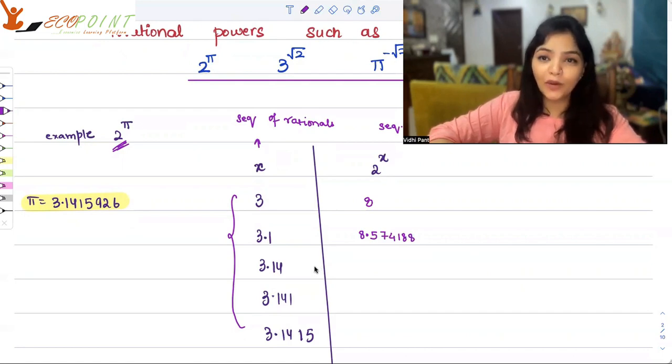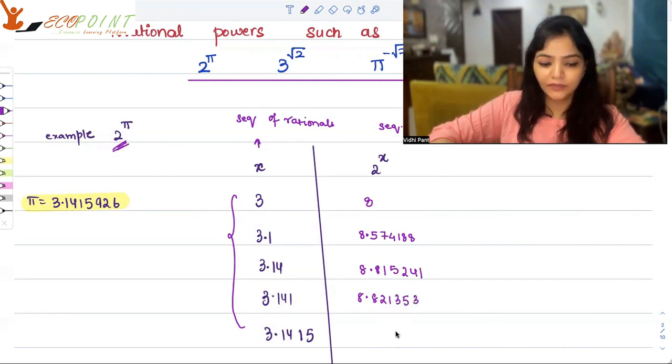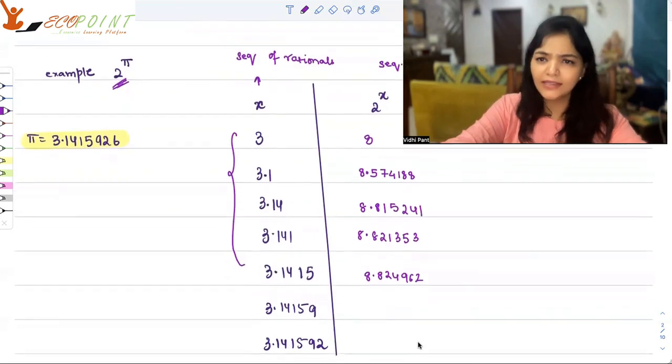If you increase it to 3.14, 2 to the power 3.14 will give you 8.815241. 3.141 will give you 8.821353. With 3.1415, you will get 8.824962, and so on and so forth.